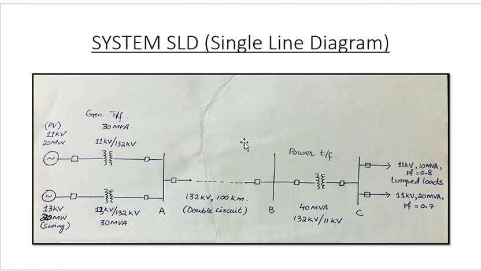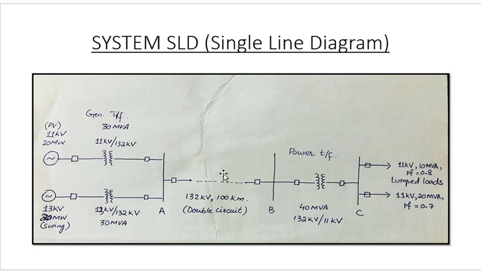Like in this particular example, we have two generators. The first one is generating electricity at 11 kilovolts, and the second one, which is a swing generator, we will be talking about this swing mode later in this video. The second generator is generating electricity at 13 kilovolts. Then with the help of step-up transformers, we are stepping up this electricity to 132 kilovolts.